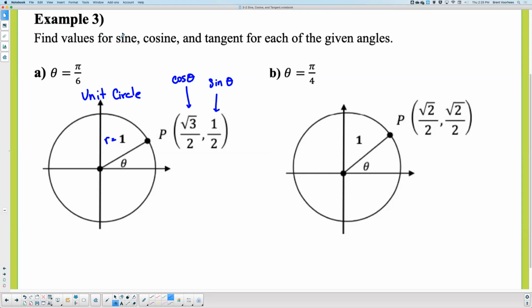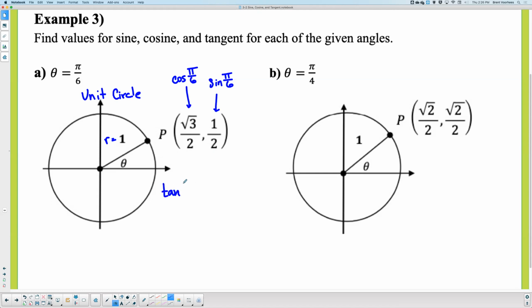This problem says find the values for sine, cosine. This is sine. This is cosine. And I should be saying pi over 6. Sorry. Let me change this to pi over 6. Cosine of pi over 6. Sine of pi over 6. There we go. Let's make this more accurate. That's sine. That's cosine. Sine is y. Cos is x. What is tangent?